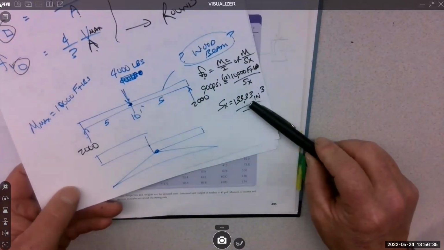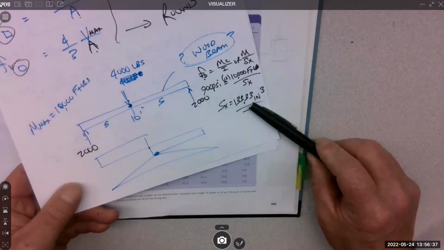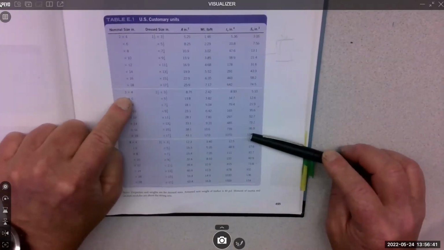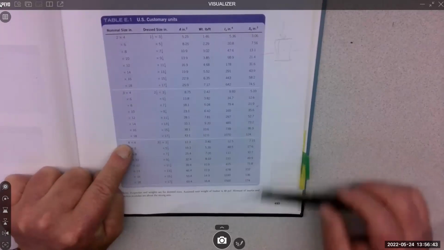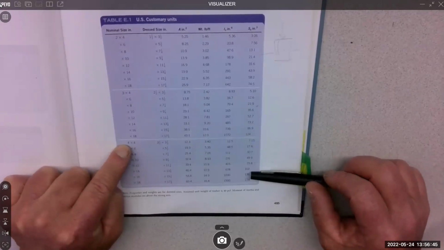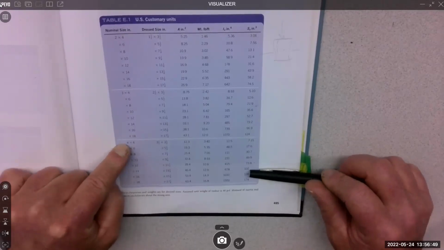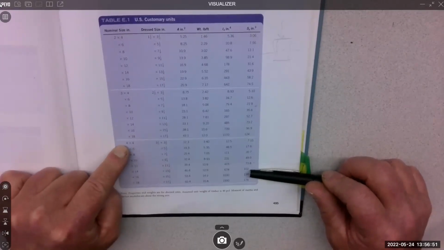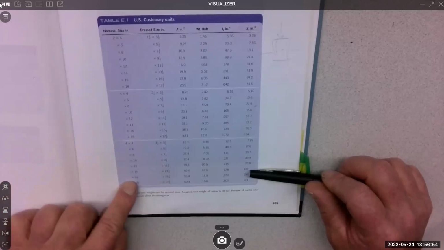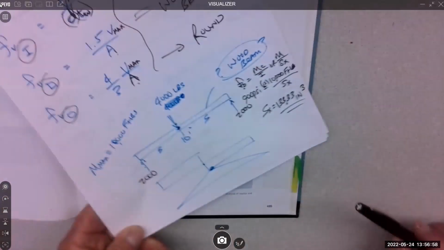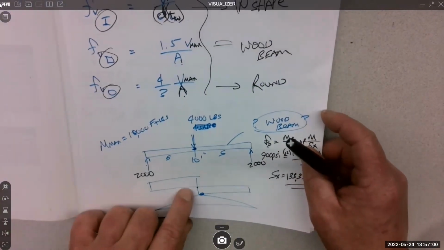This is the smallest wood you can use, right? 133 does not show up in the 3x material, but it does show up in 4x material. 136 would work. And with wood, you can go as close as you want. All the factors of safety are already worked in. You don't have to add a factor of safety. So that means a 4x16 would work on the problem that I made up.